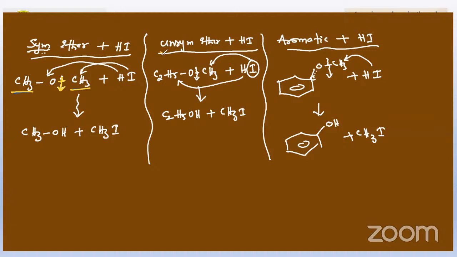Whereas in unsymmetrical ether, the I always goes to the smaller part. In aromatic ether, breaking the C-O bond attached to benzene is difficult because it has a double bond character. So it goes to the C-O bond of the alkyl group. That means I again goes to the smaller part. Okay, sir. He got his answer.